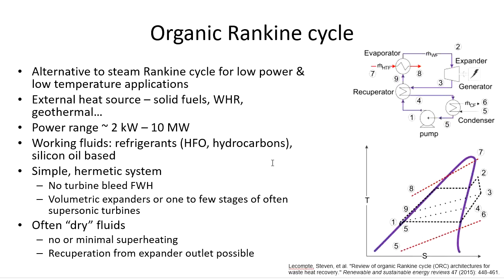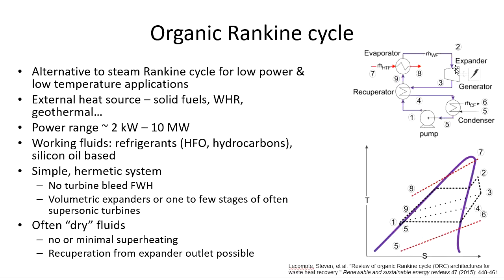Talking about the configuration, so let's have a look at the schematics over here, where let's start with the pressurized working fluid after the pump. It can go through the Recuperator, which we will talk a little bit in a few seconds. Then the heat input takes place in component called Evaporator in here, where the liquid working fluid turns into vapor.